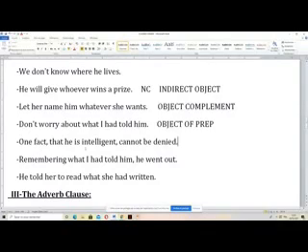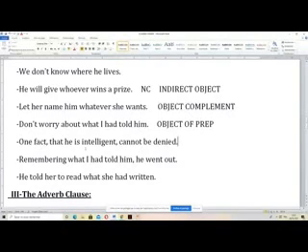Can I say you remember what I had told you? Let's take "remembering what I had told him, he went out." Who was remembering what I had told him? He.